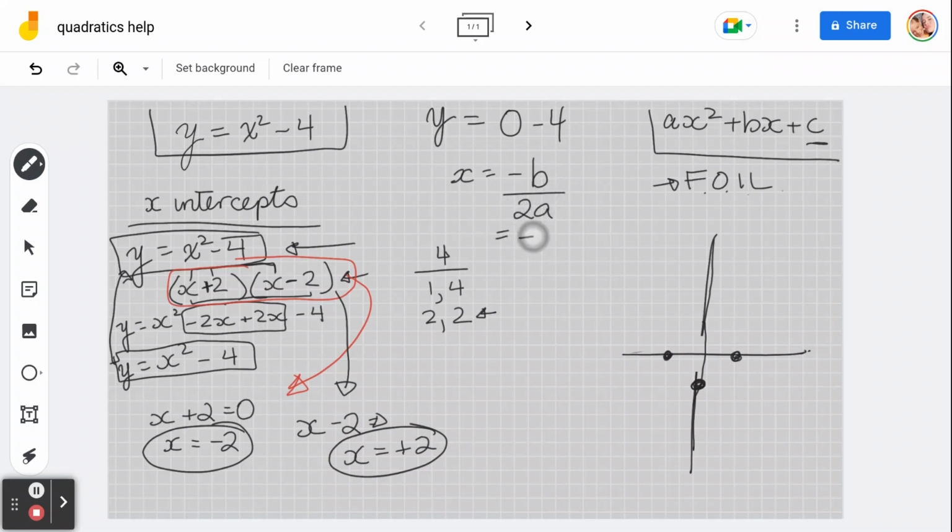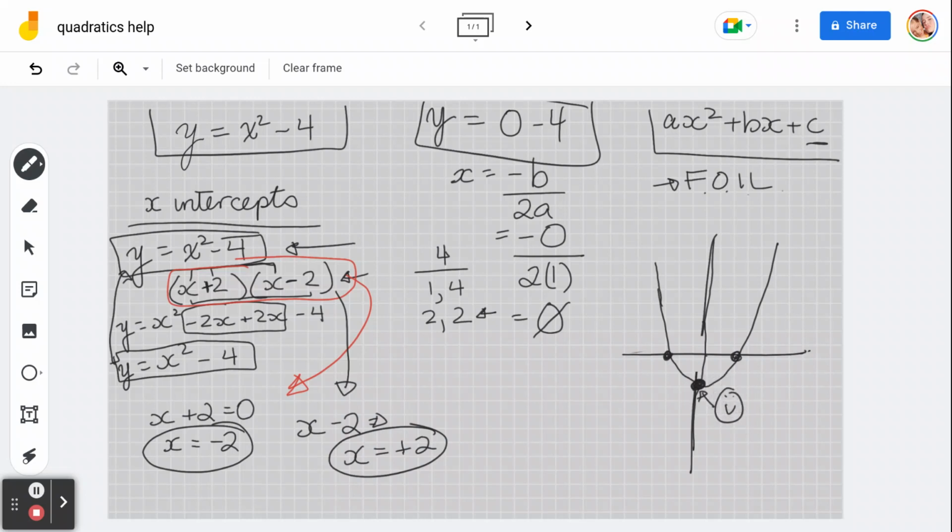So I have negative 0 over 2 times 1, so that's 0. So my x value is 0. And if I put that into here, my y value is negative 4. So in fact, where it crosses there is my vertex. There you go. I hope that makes sense.